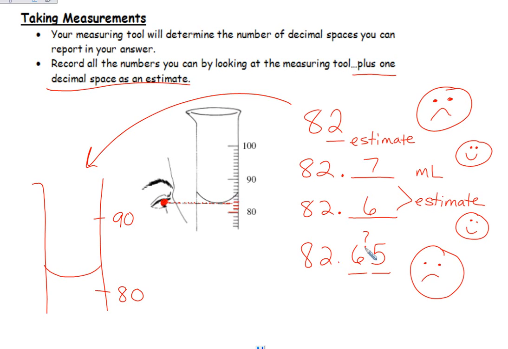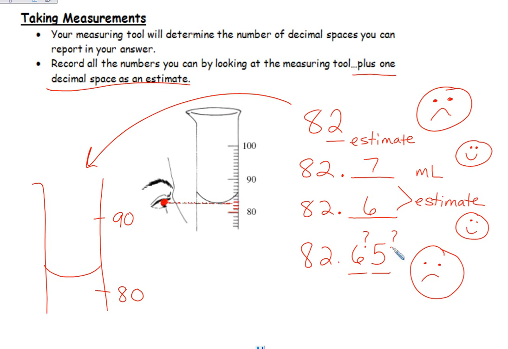There is no line for 82.6. So number 1, that's a guess. And then how can you say with any reasonable degree of certainty, oh yeah, that spot right in there, that's the 0.65? You don't know that. You get 1 estimate beyond the markings of your measuring tool.